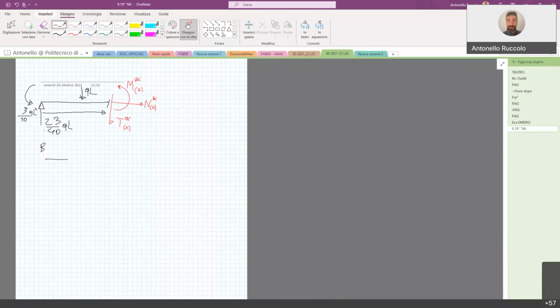This was the x tilde. So this was x tilde. I have to write it bigger.